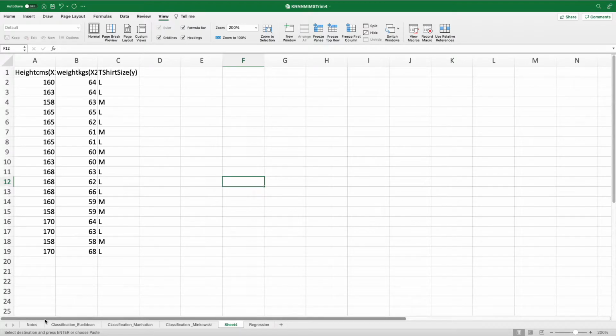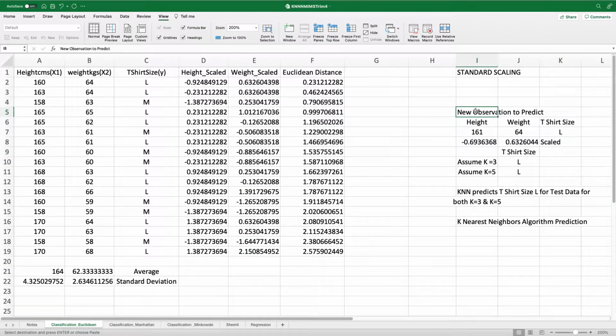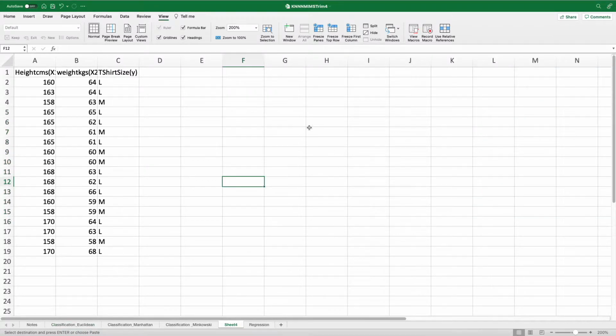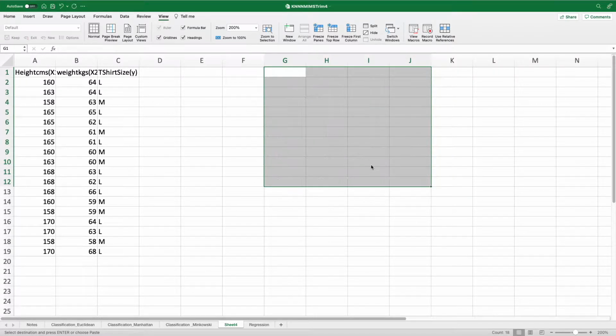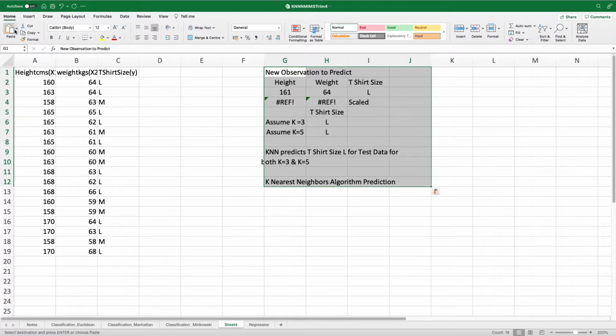Into the new sheet. Now here we are going to use normalization, or what we call min-max scalar, for scaling the data.